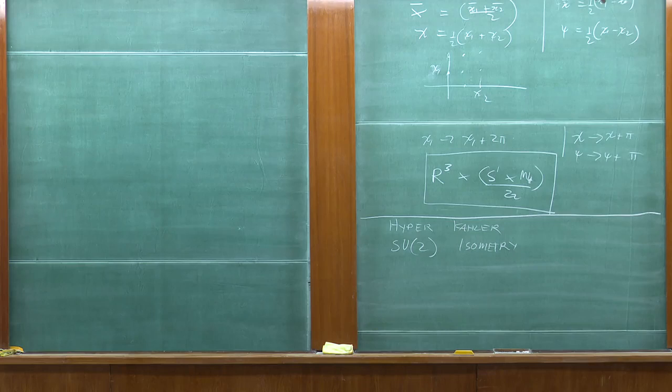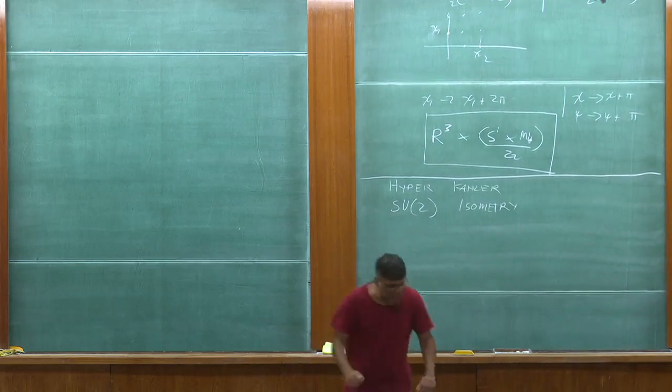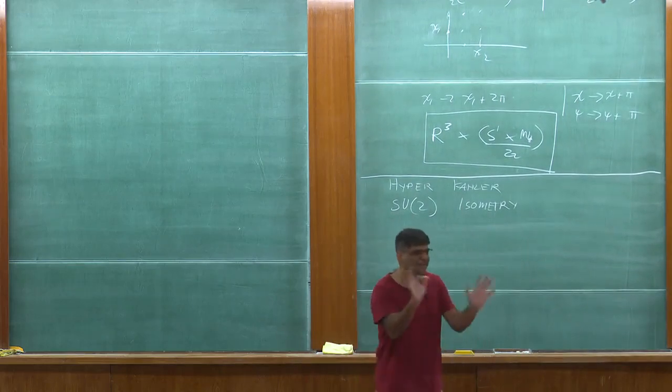Okay? So there is a non-trivial action of the SU2 on M4 itself. So this M4 has to admit the action of an SU2 symmetry. Okay? And finally, there was one more technical assumption they made, something about completeness.